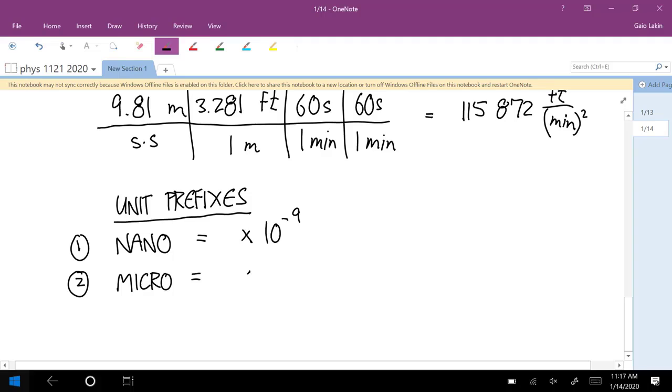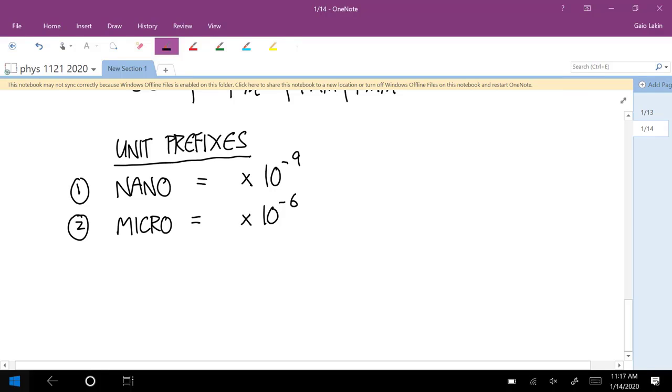Micro, you can think of as meaning times 10 to the minus 6. Milli means times 10 to the minus 3rd.